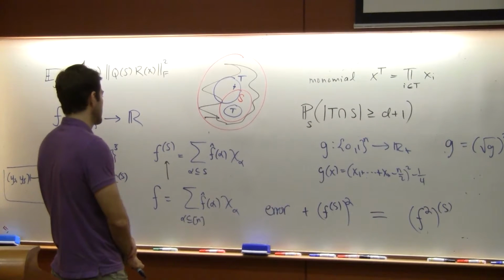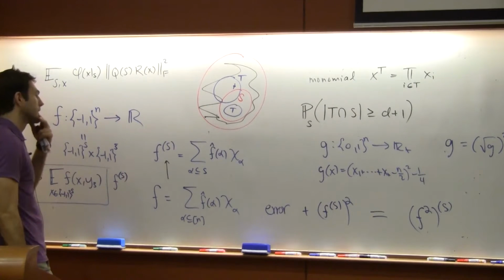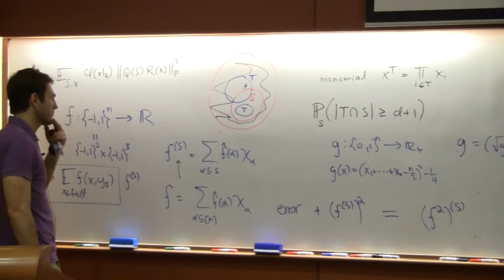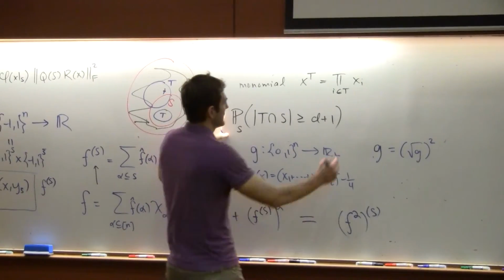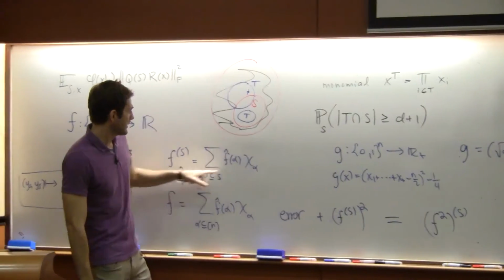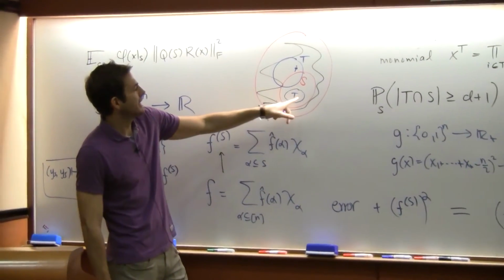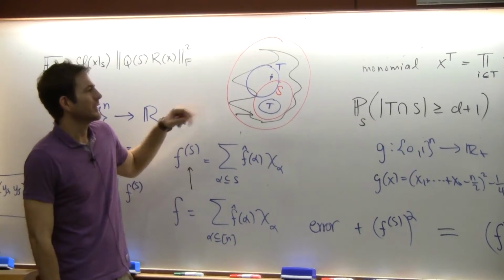Yeah, so this has to do with computing the square, which we didn't write out. Okay, so what we said is that in this linear relationship, if the set T doesn't fall completely inside S, then we get a contribution of 0.